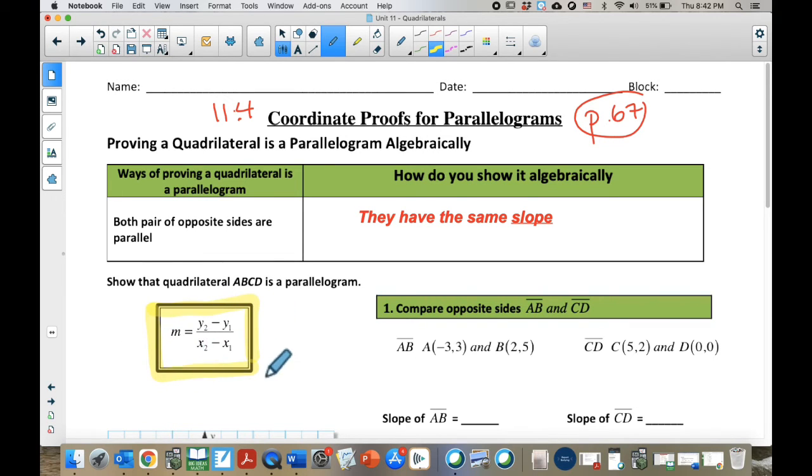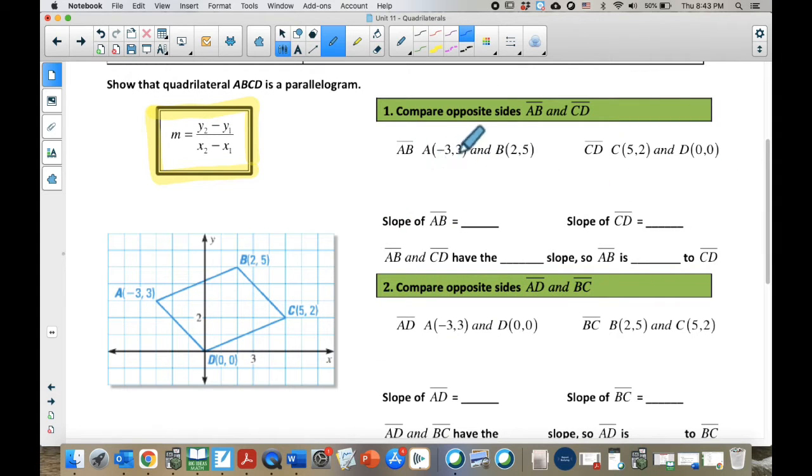We are going to use that formula to find the slope of different sides and then see if they are indeed parallel. So first of all, remember that when we have a coordinate, this is our x1 and our y1. This is our x2 and our y2. And on this one again, x1, y1, and x2, y2.